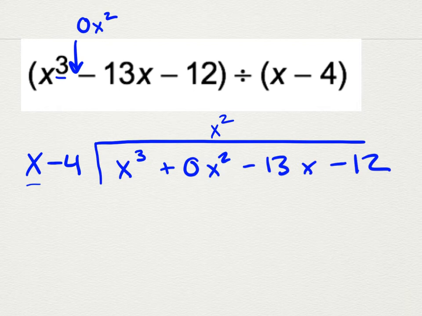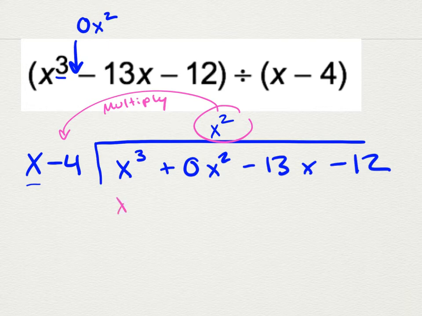Once we put a number up top, what do we do with that? Multiply it times everything out front. So we have x squared times x. What is that? X cubed. And then x squared times negative 4? Negative 4x squared.